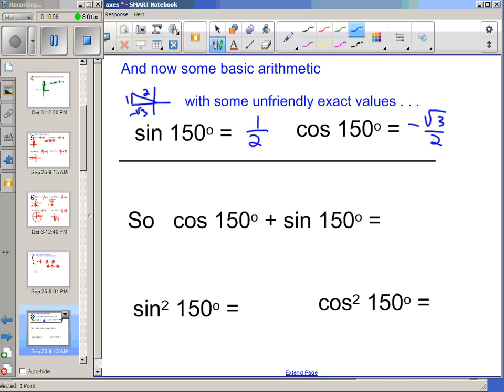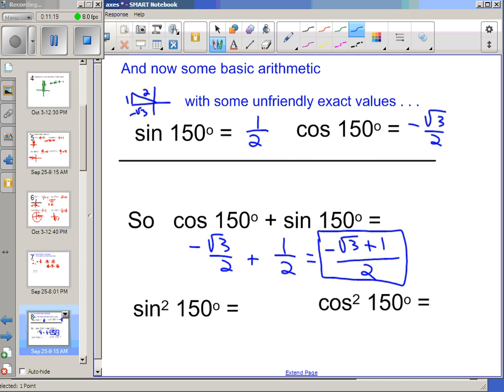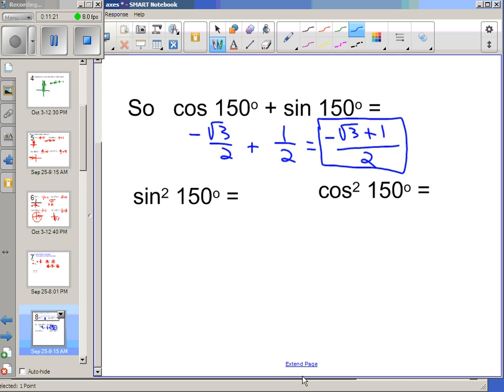So if I want to take cosine of 150, negative root 3 over 2, plus sine of 150, 1/2, and write it as one thing, I would get negative root 3 plus 1 all over 2. I can't combine the radical and the number. So that would be my best answer right here. Right? It's one nice little expression for cosine 150 plus sine 150.